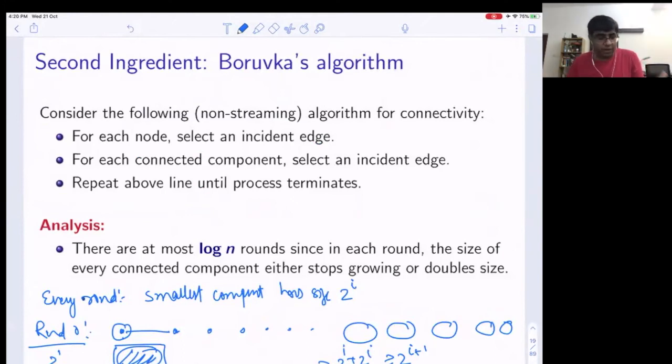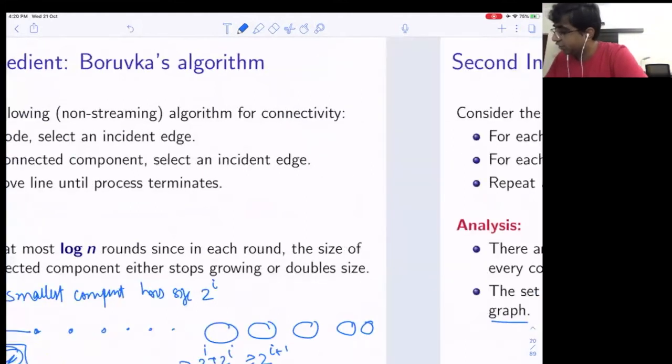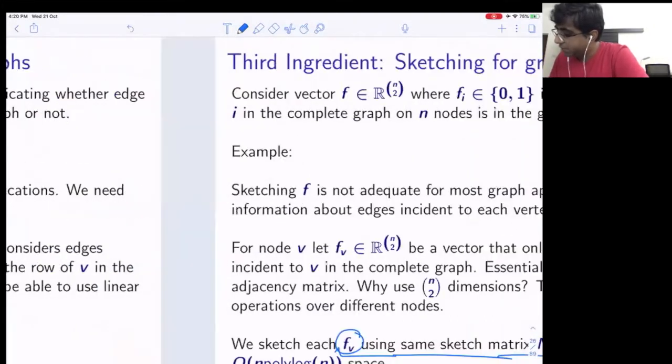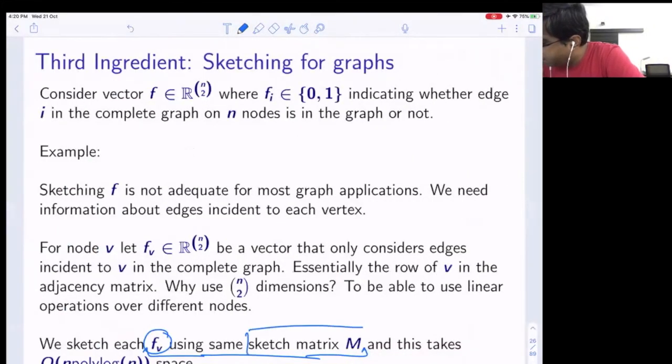Now for every vertex we'll have some sketch which represents its neighborhood, and our objective is that from its sketch we output an edge incident to this vertex. This is my goal. To achieve that, we will have one sketch matrix M, and with the help of this M, for each vertex V, we will have a sketch.